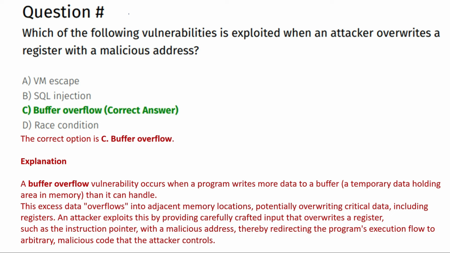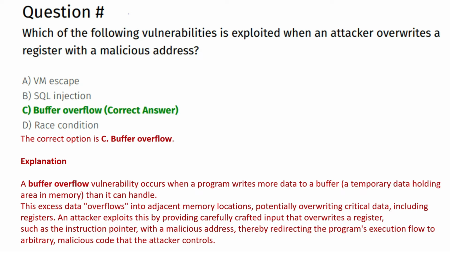A buffer overflow vulnerability occurs when a program writes more data to a buffer, a temporary data holding area in memory, than it can handle. This excess data overflows into adjacent memory locations, potentially overwriting critical data, including registers.